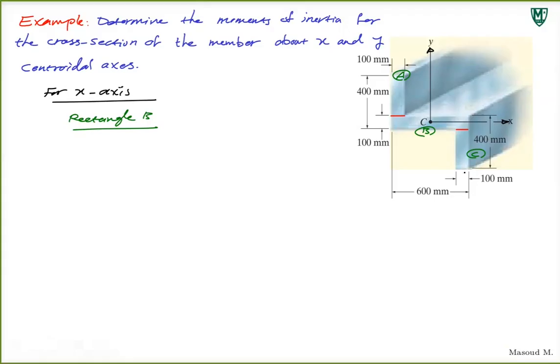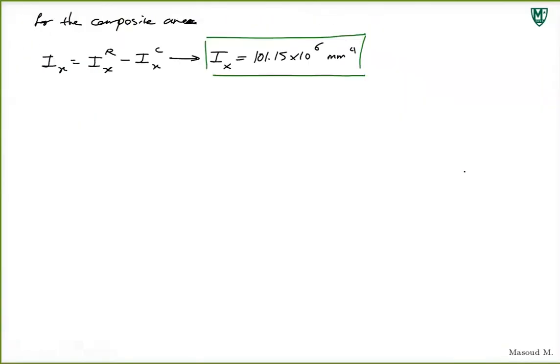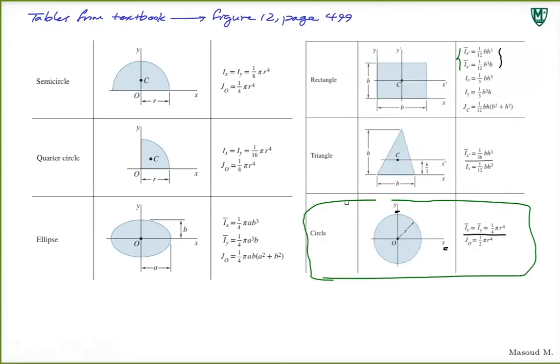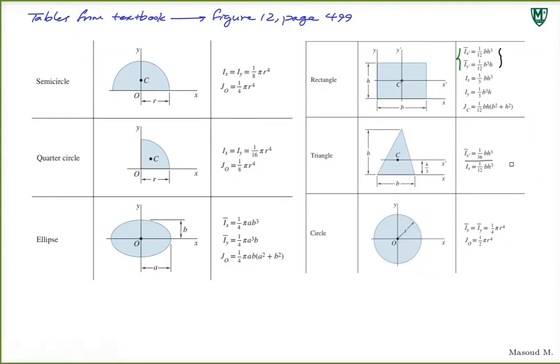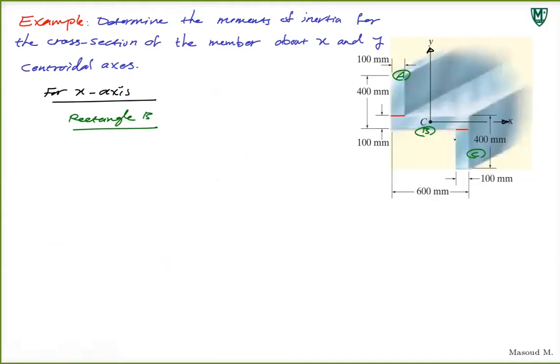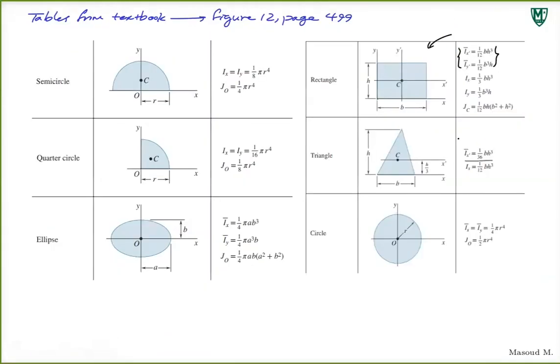If you go to this table, x and y for the rectangle in that segment are basically x prime and y prime here. Right? Those are the axes passing through the centroid. So the area moment of inertia for that rectangle about x and y are basically I x prime bar and I y prime bar here.